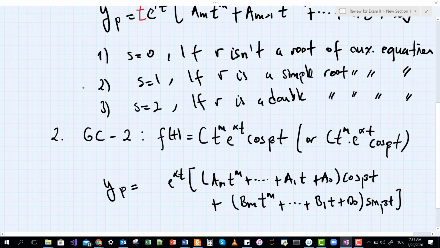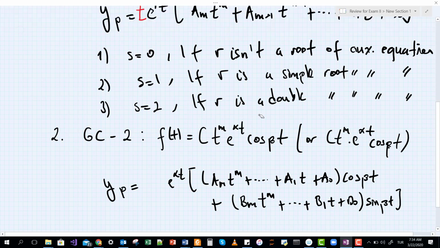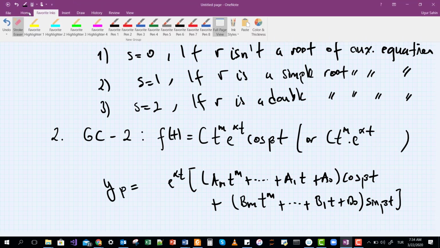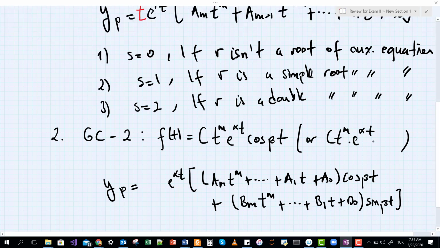By the way, I think we made a mistake here. That should be the sine function, sine beta t.